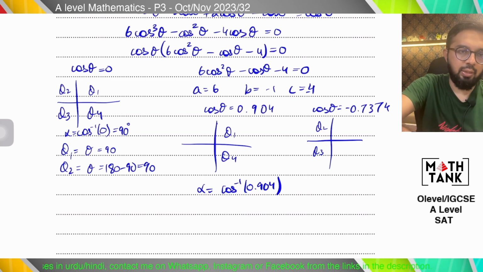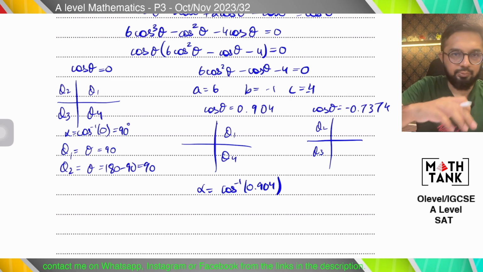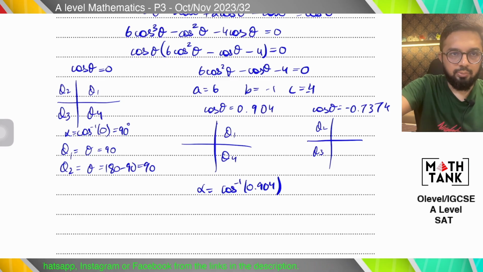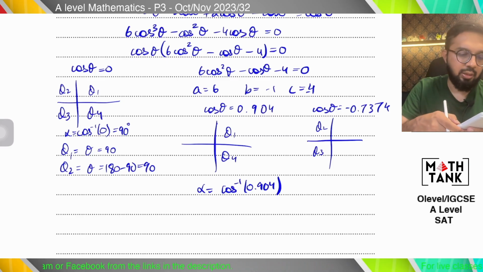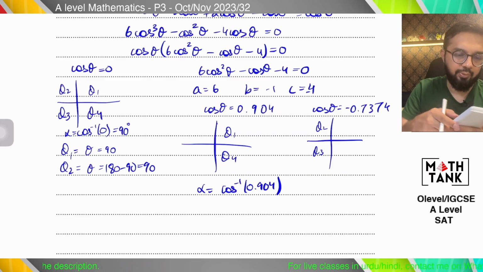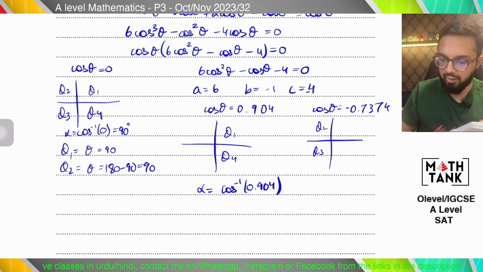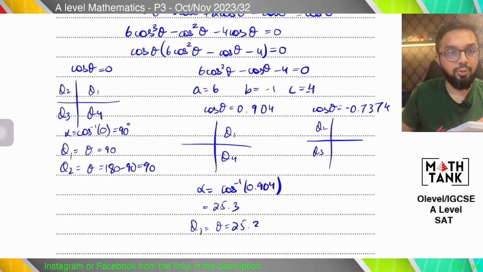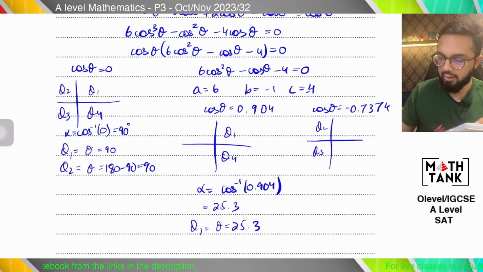I hope that's the correct solution. I will know in a bit, I think. My calculator is set to radians. I'm getting 25.3. So quadrant 1, theta equals 25.3. That is indeed the correct answer.